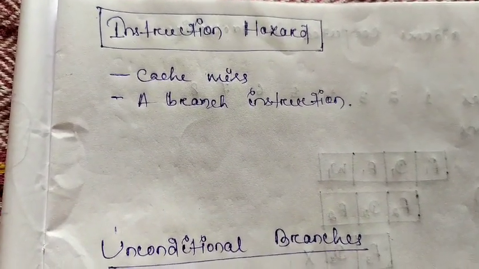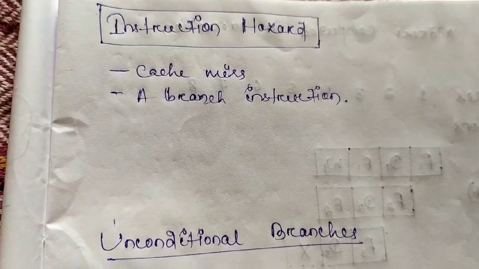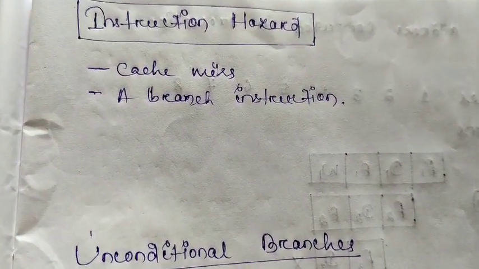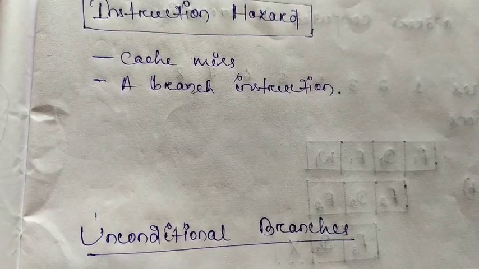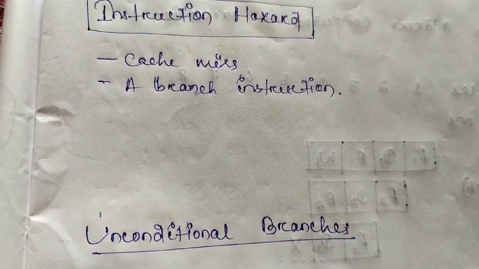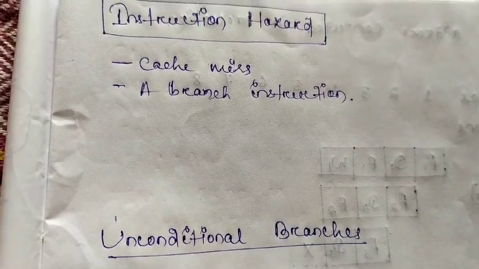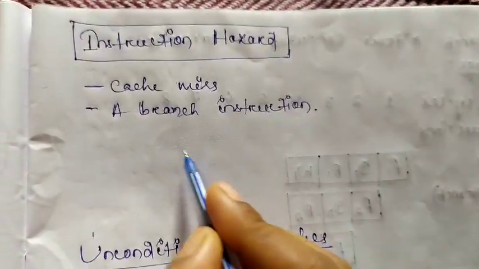The effect of a branch instruction and the techniques that can be used for mitigating their impact are discussed with conditional branches and unconditional branches.